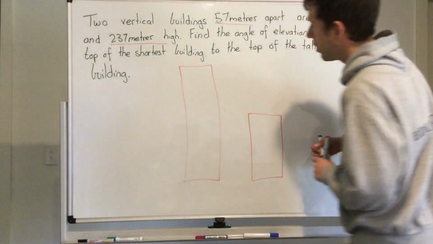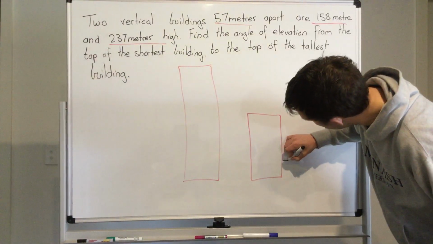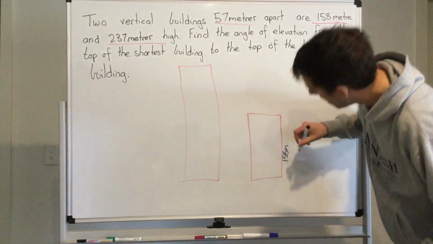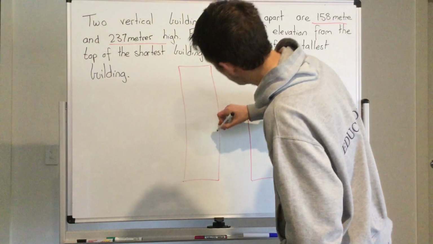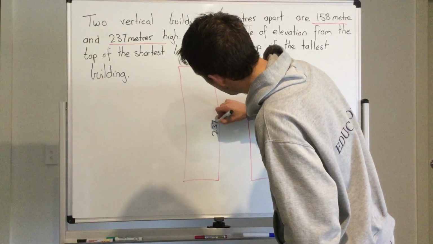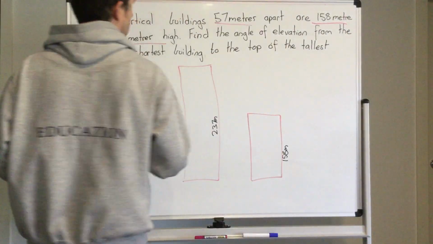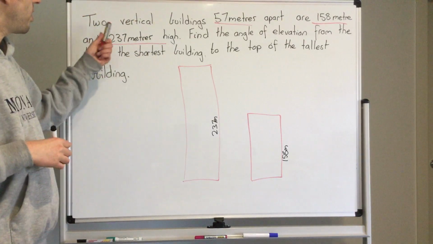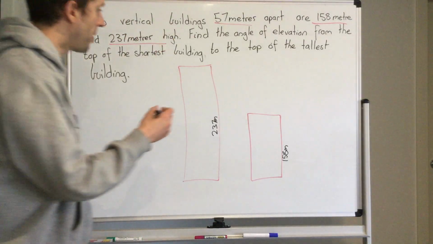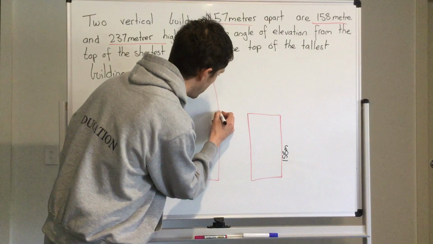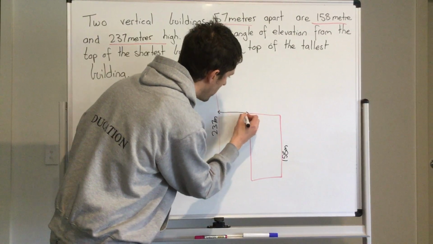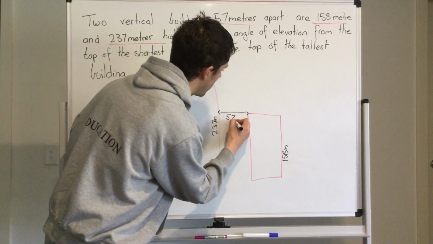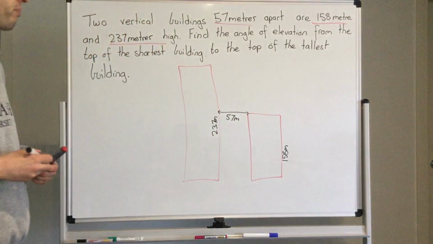I know my shorter building is 158 meters. I know my taller building is 237 meters. Now, they are 57 meters apart, so I know from here to here is 57 meters apart.